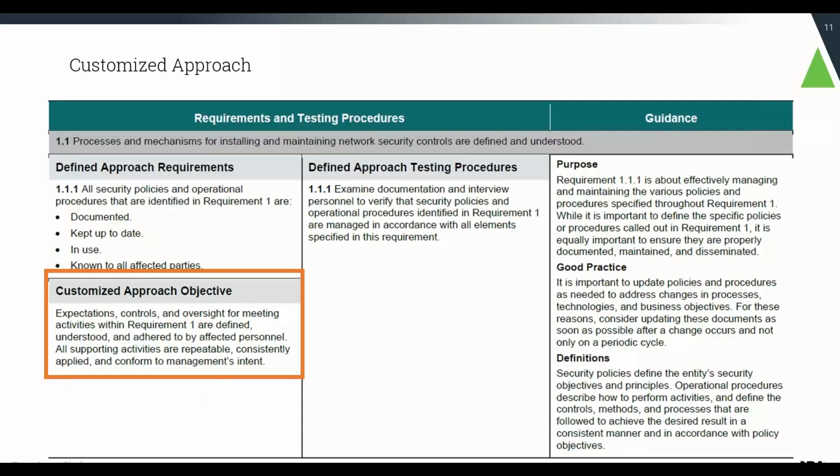But first, I want to point out that for the new standard in 4.0, for most of the requirements, there's going to be a section in the bottom left corner called the customized approach objective. Similar to how in compensating controls we have to identify what the original intent of the control is, in 4.0 we don't have to do additional work to extrapolate that. The standard itself explicitly defines what that objective is.